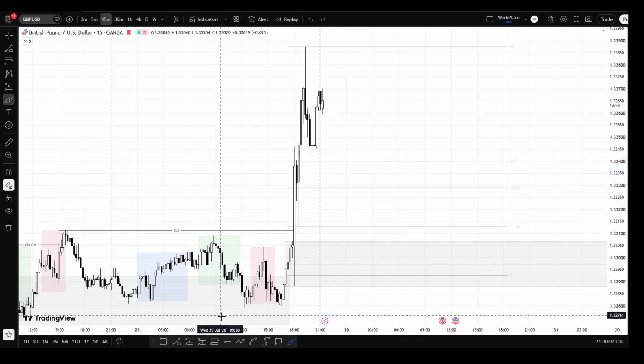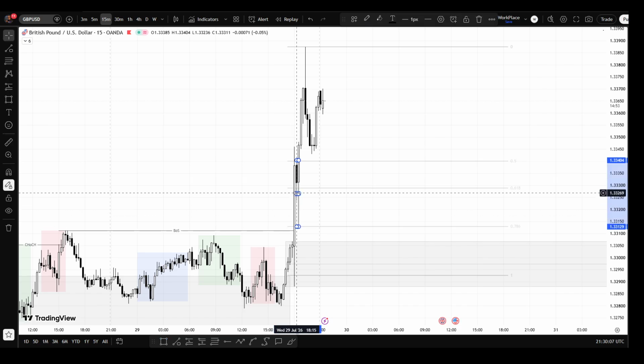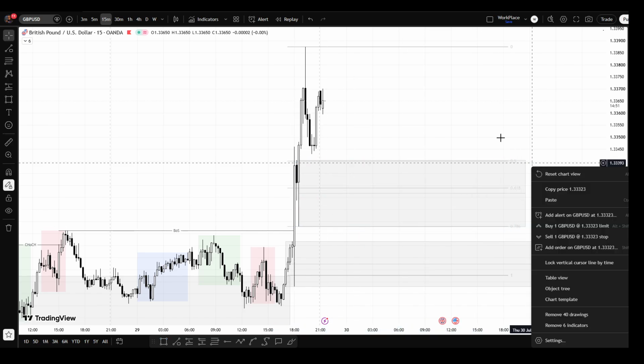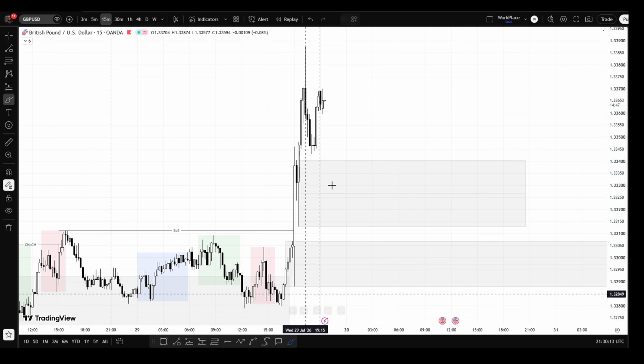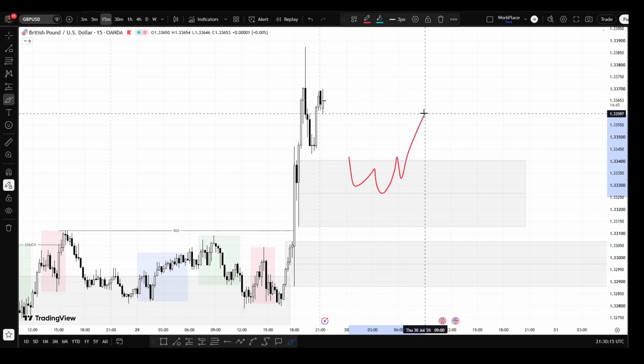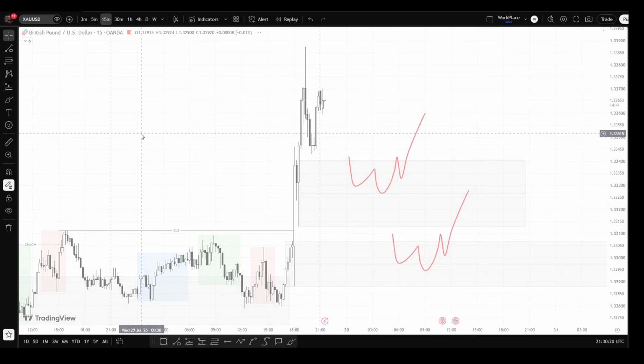Okay. So this demand zone is valid for a reaction to the upside. So if price mitigates one of these other blocks, we'll be looking for a shift to the upside to then buy.